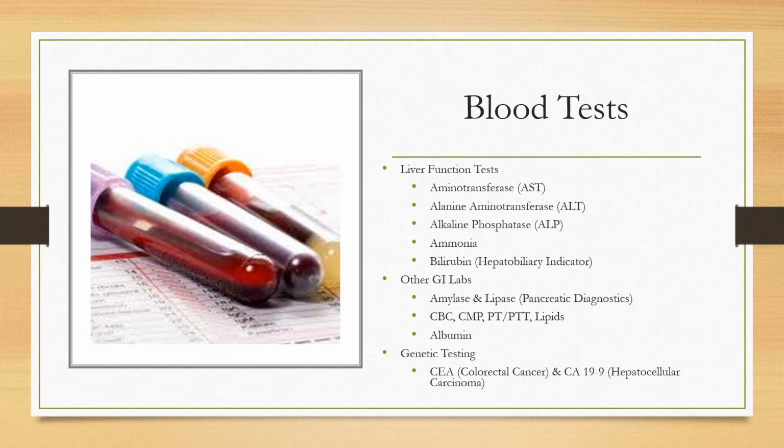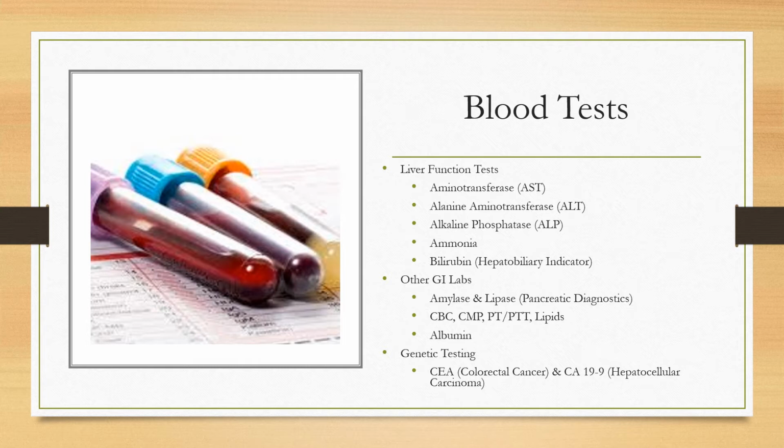Alkaline phosphatase is also an enzyme released into the bloodstream with liver injury, and it's very useful in obstruction of the common bile duct. It tends to be much more elevated when there's blockage of the bile duct, so we look at it for obstruction of the bile duct.